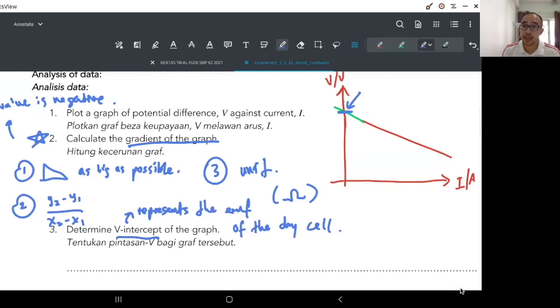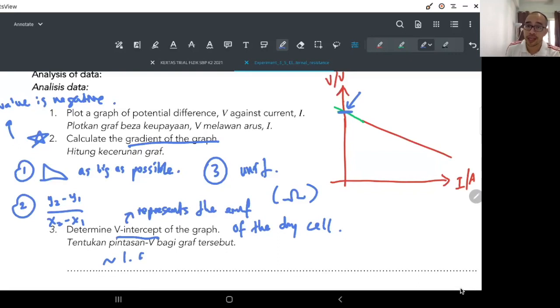The value that you get here should represent the EMF of the dry cell. And the EMF of a single dry cell is about 1.5 volts. You shouldn't stray too far from this value. So 1.5, 1.6 can, depending on how you draw your graph. The ideal answer will be 1.5.